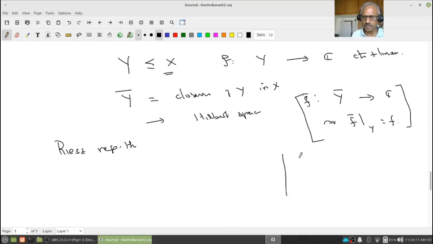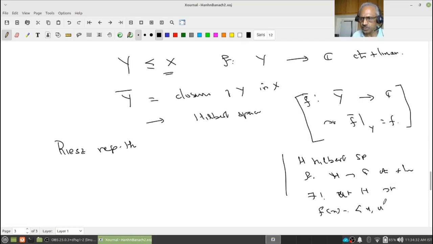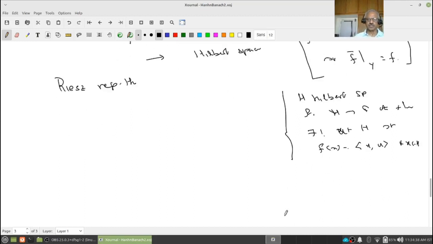What does it say? If H is a Hilbert space and if f is a continuous linear function from H to C, then there is a unique u in H such that f of x equals the inner product of x and u for all x in H. You might have seen this kind of result in finite dimensional inner product spaces.